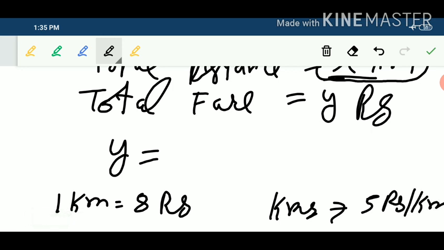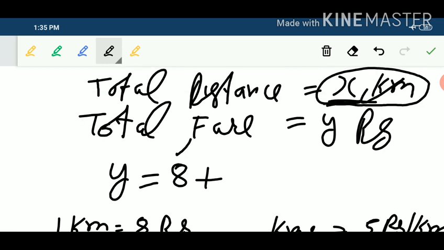So for the first kilometer, the charge is rupees 8, plus. Now we find the charges of the remaining distance. Total distance is x kilometers. The 1 kilometer charge we have already written.